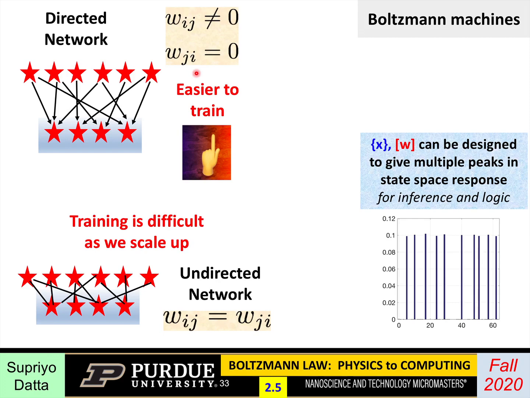And so a lot of the work in this machine learning field is based on directed networks, the ones where you have arrows showing which ones affect which ones. But all these interactions are one way. If Wij is non-zero, then Wji is equal to 0.